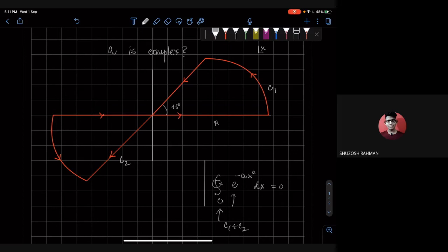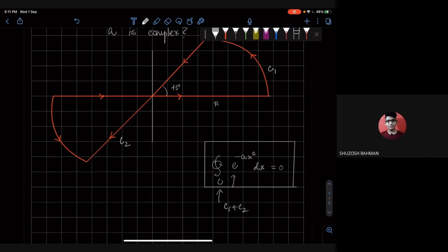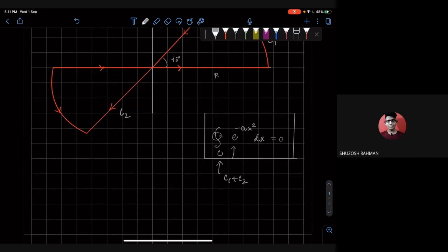Now what I'm going to ask you to do is write this for this contour, and divide x into a real part and an imaginary part.